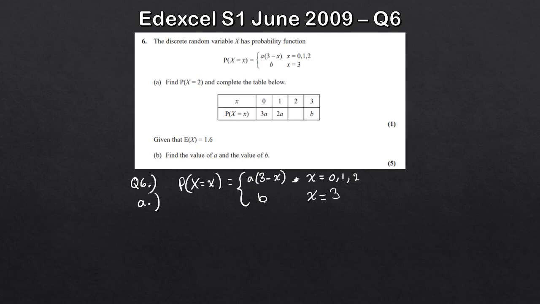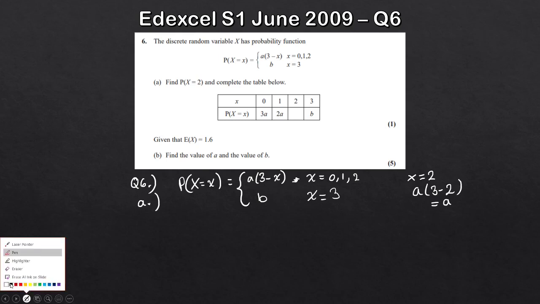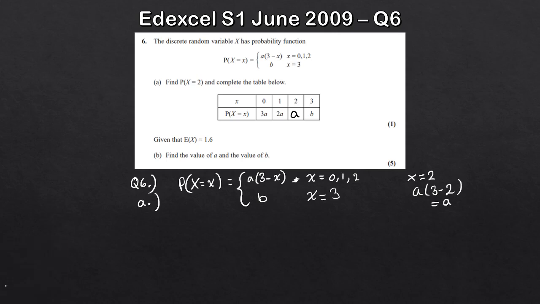Finally, if x is 2, this is a times 3 minus 2, which just leaves us with a, since a times 1 is just a. So we can put that in ourselves, that's a there. That's just the first part, asking us to complete the table.